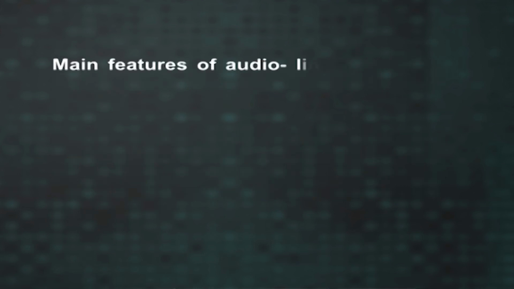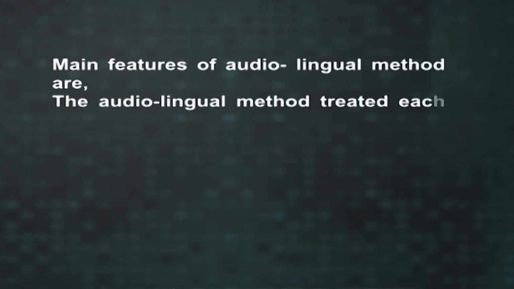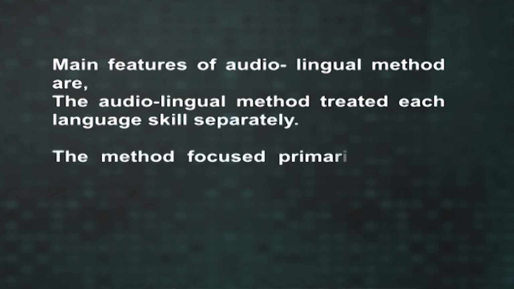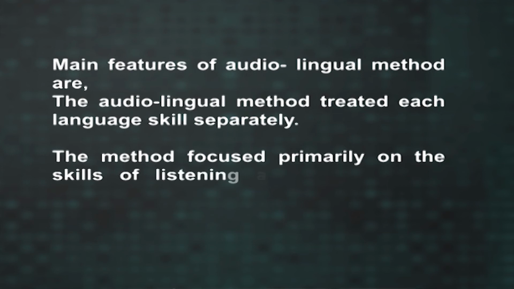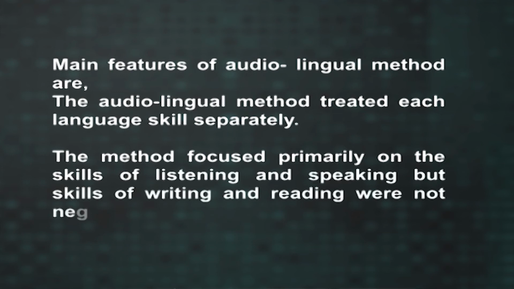Main features of the audio-lingual method are: the audio-lingual method treated each language skill separately. The method focused primarily on the skills of listening and speaking, but skills of writing and reading were not neglected.